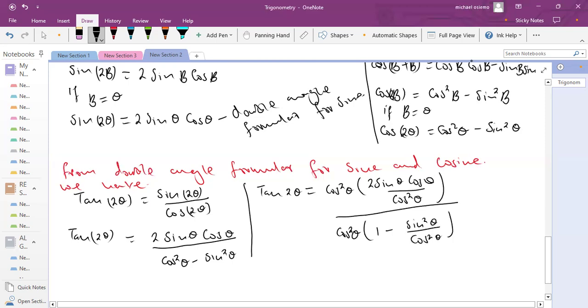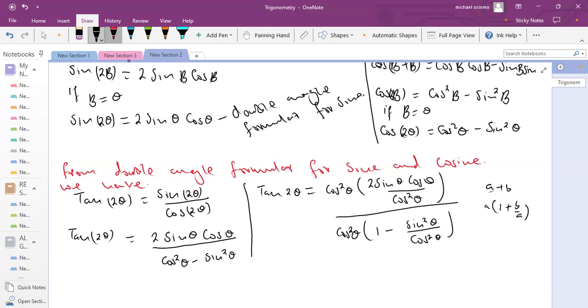So what I've done, I factorized cos squared theta from both the denominator and the numerator. Just the same way I told you, if you have A plus B, we can factorize A to bracket, remain with 1 plus B over A. So that if I open up this bracket, I'll get A, and if I open up with this one, I'll get B.